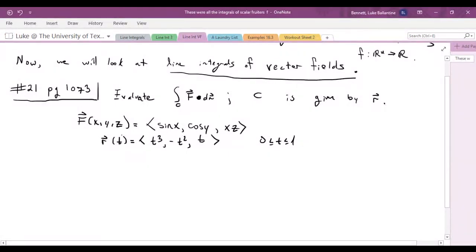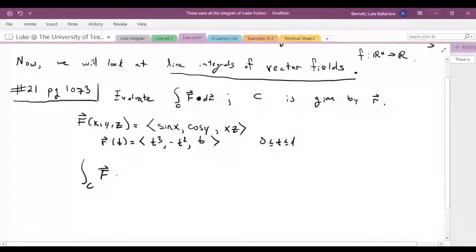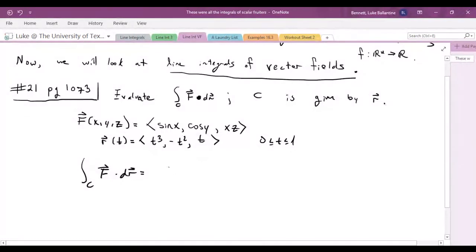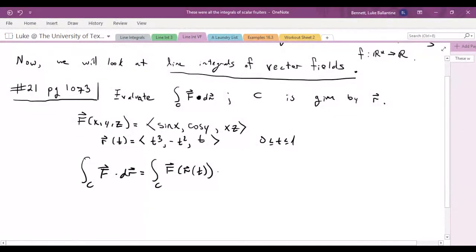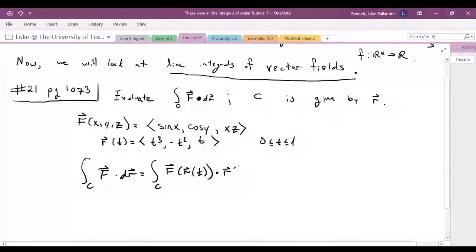So how do we do this? Well, the integral over C of F dot dr is equal to the integral over C of F of r of t dot product with r prime of t dt.